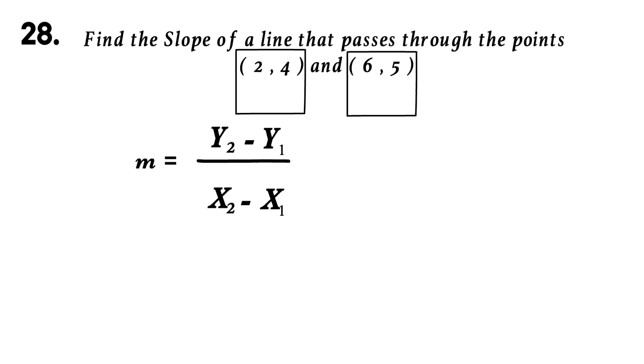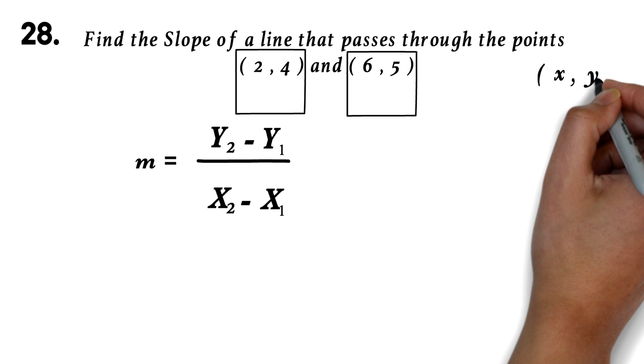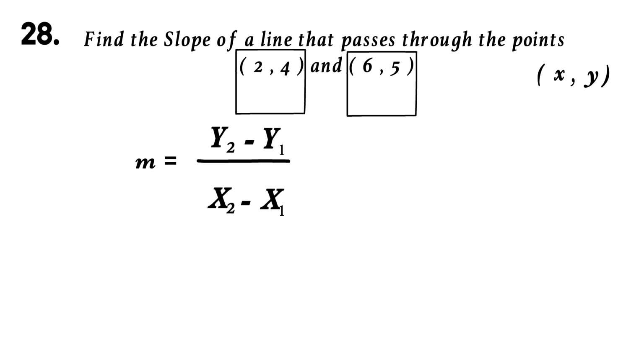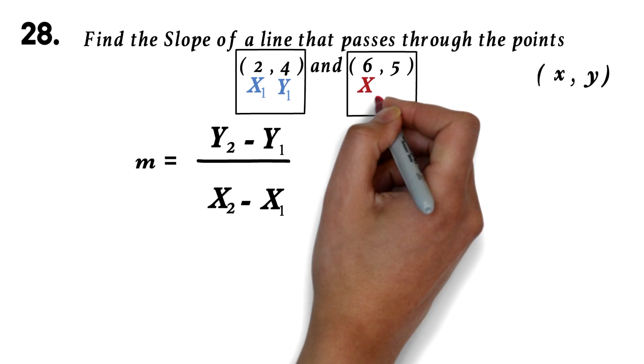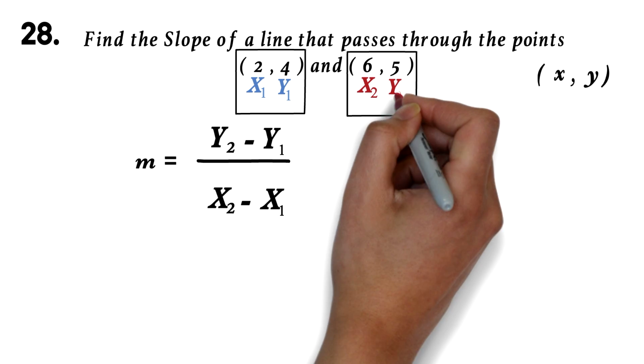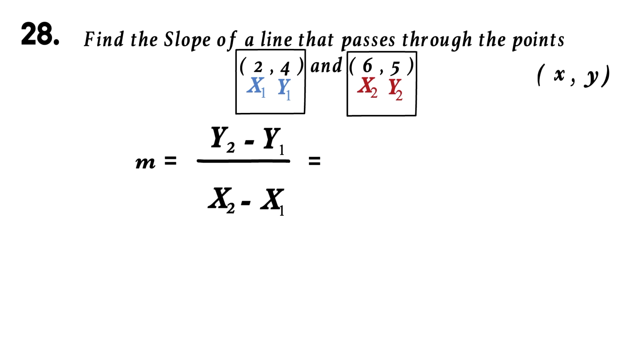We know that when you have a point, the first value is your x and the second value is your y. Since we are calling this point 1, we will have x1, y1 here. Same thing for this. Since we are calling this our point 2, we can call this x2, y2. We just put the values into the formula.